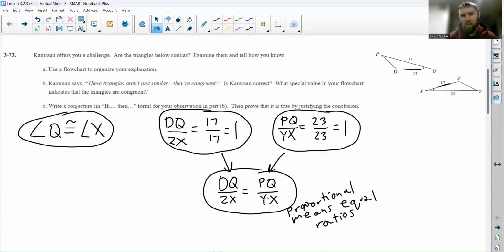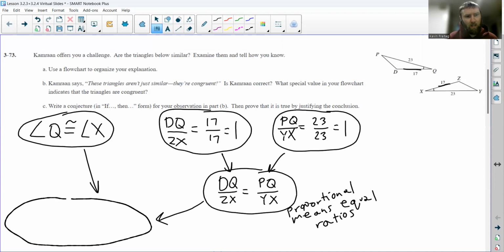And then because these 2 sides are proportional and angle Q and angle X are congruent, which is the angle in between those proportional sides, my flowchart then ends up right over here at another bubble, which says exactly what my friend would like. That triangle, again, that's my notation for a triangle, DQP is similar to triangle ZXY.